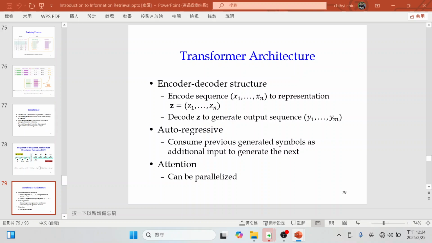Here they formulate it as autoregressive: you consume the previously generated symbols as an additional input to generate the next token. And because the attention model can attend to all the tokens at the same time, it's easy to parallelize.